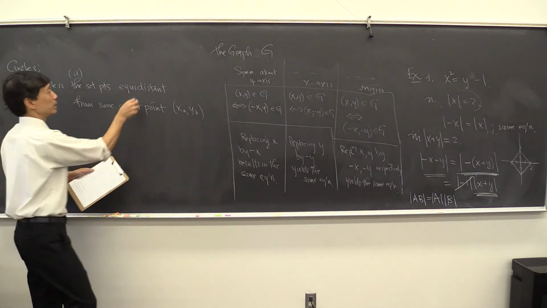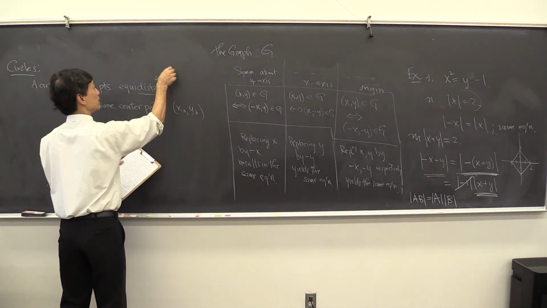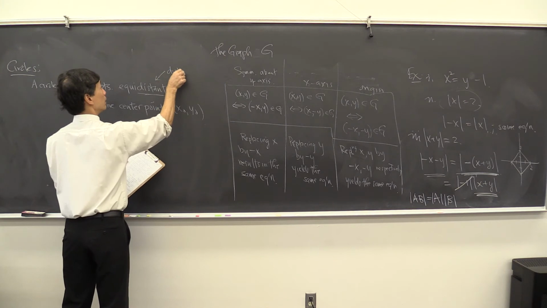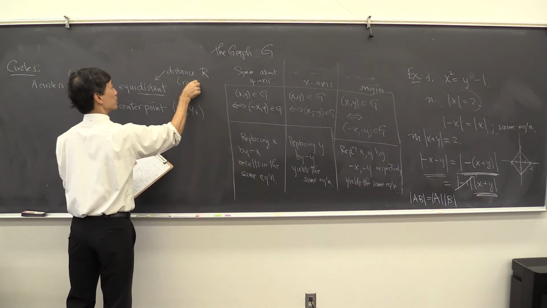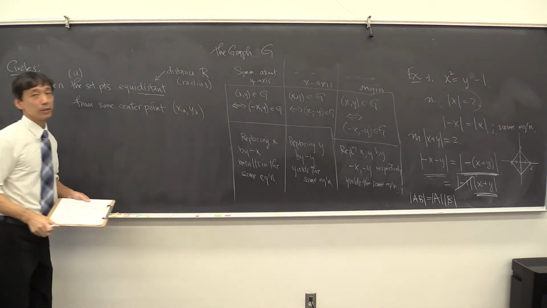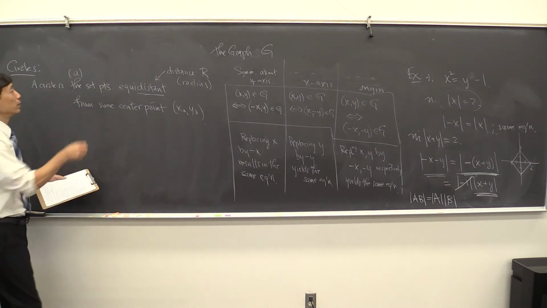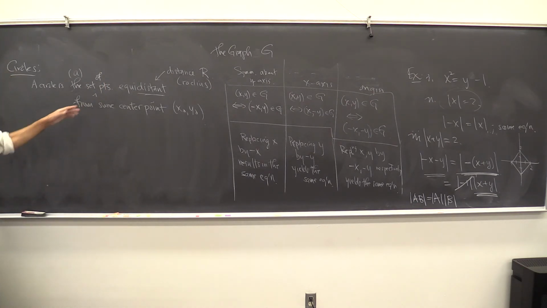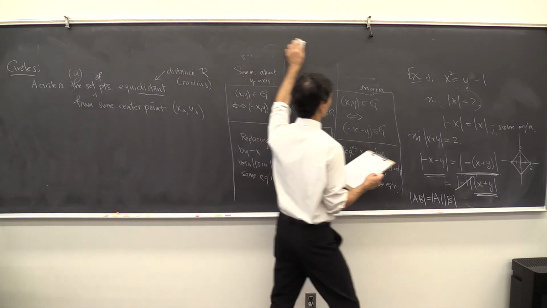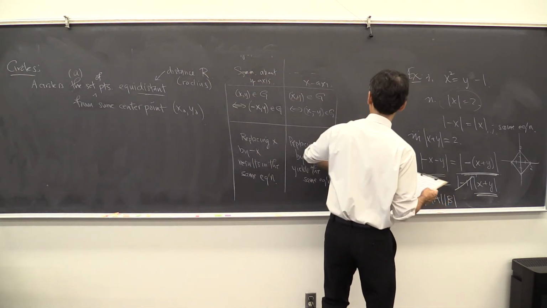Okay, and when we say it's equidistant, let's say that the distance is called r, which stands, of course, for radius. So it's all the set of points equidistant from some central point, x naught, y naught. That's the definition of a circle.